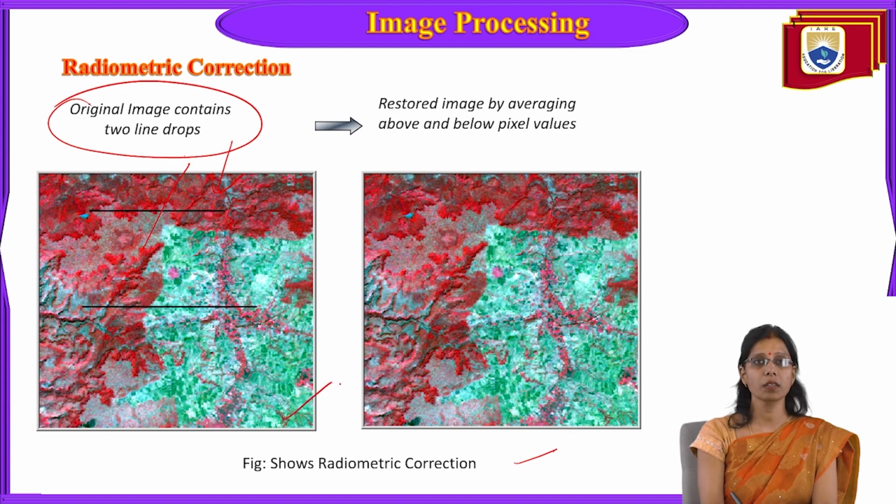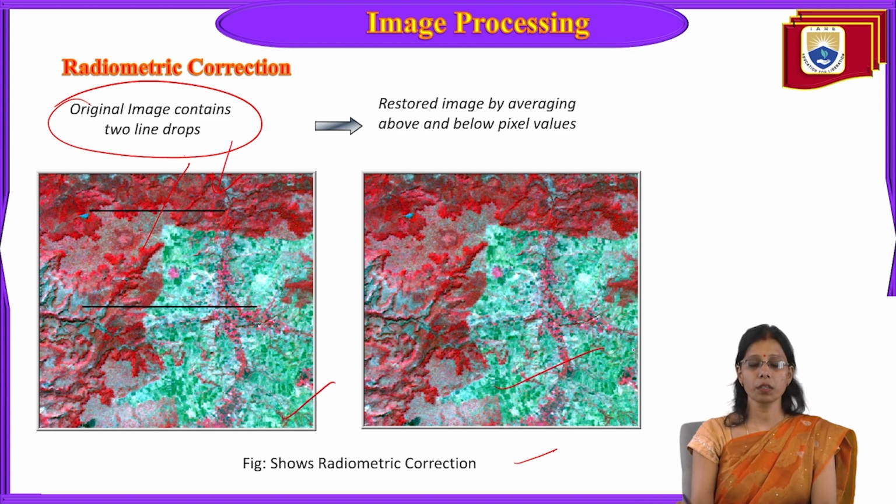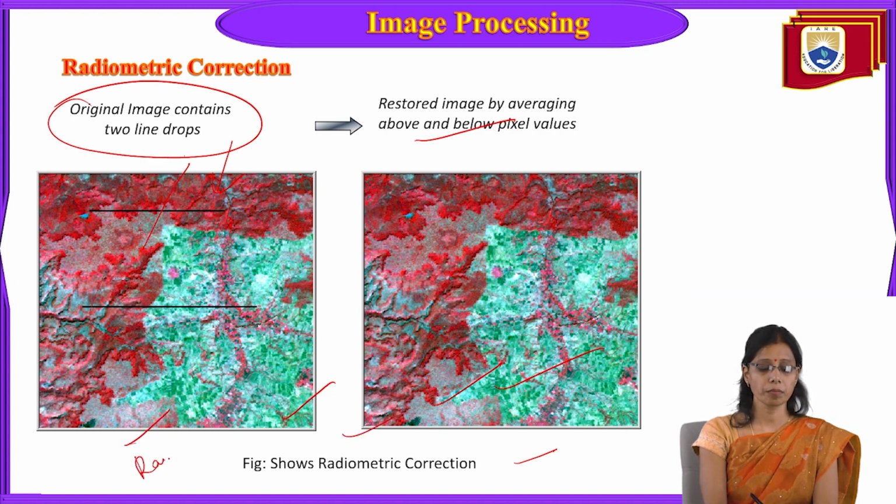If you compare this image and this image, this one is somewhat clearer. The removal of atmospheric effects, topographic correction and sensor calibration are done in the radiometric correction, and finally the image is restored by averaging the above and below pixel values. This is how the corrected image looks, and this is the raw image.